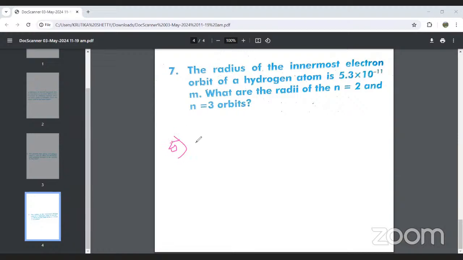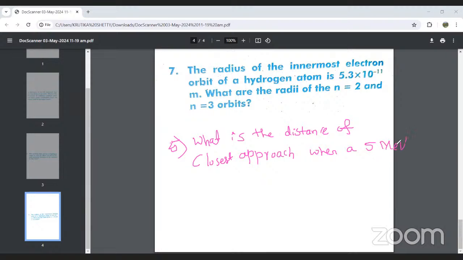This is the 5th question. What is the distance of closest approach when a 5 mega electron volt proton approaches a gold nucleus?